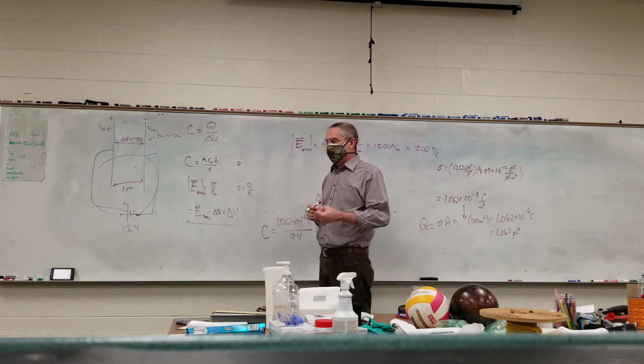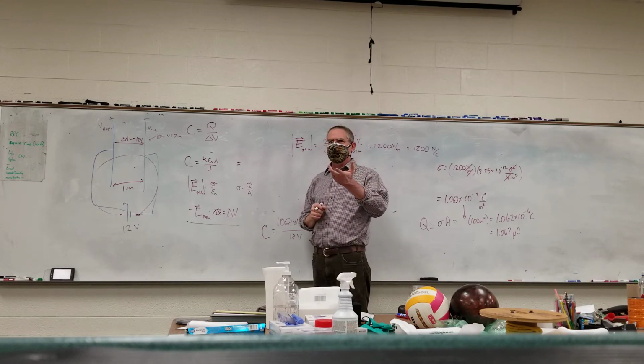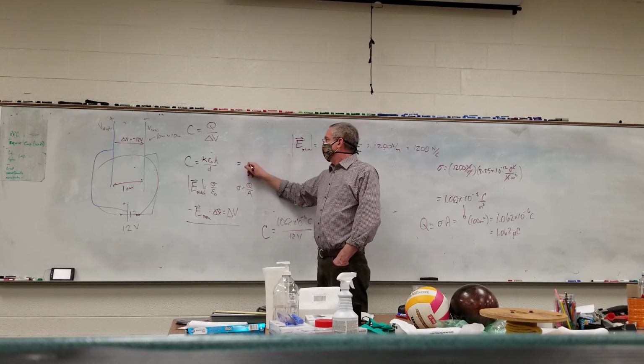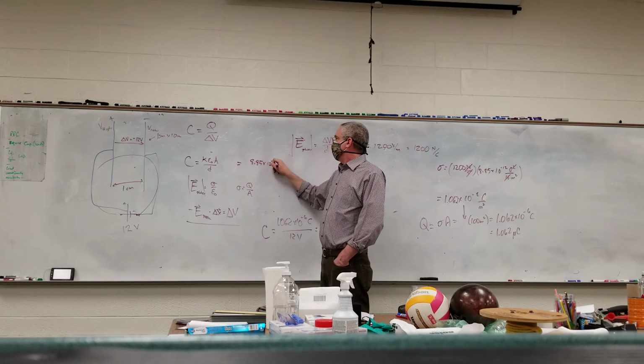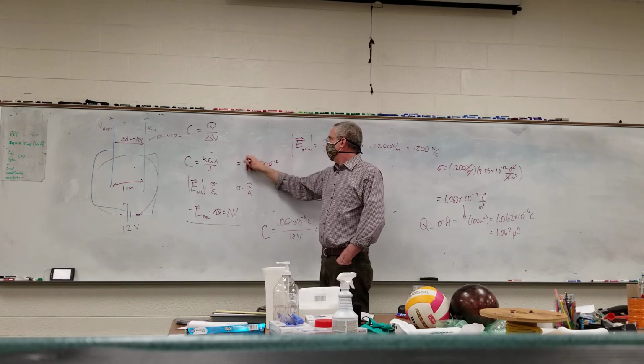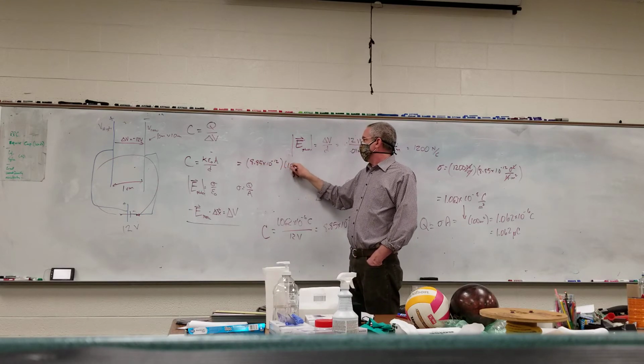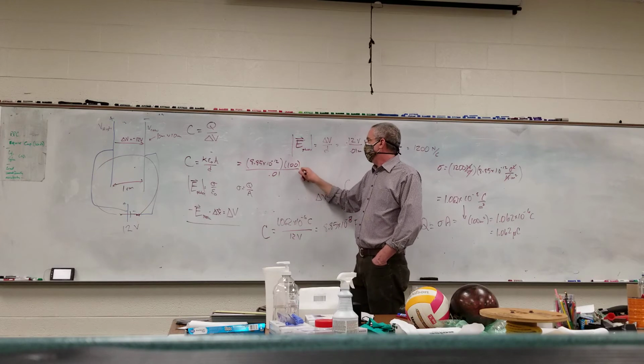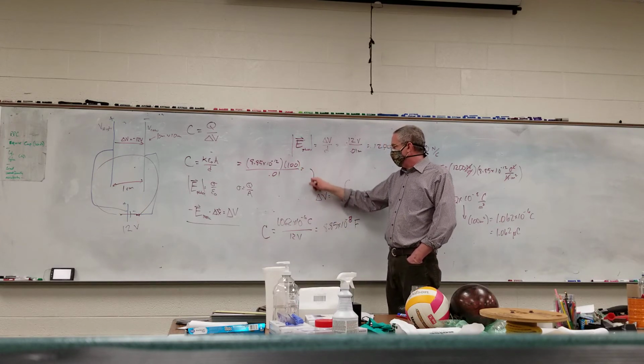If there's air in between, it's 1.00006 or something close enough. All right, so this is 8.85 times 10 to the negative 12 times my area, which is 100 square meters, divided by the distance between them, 0.01, and you get that same thing.